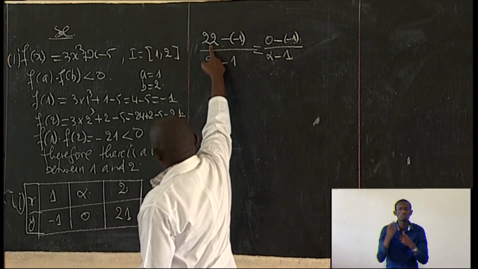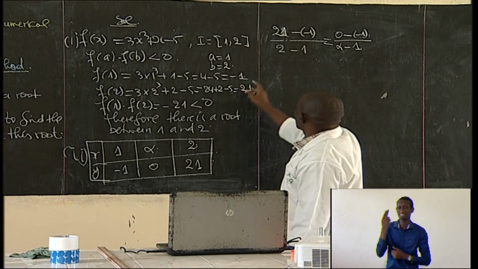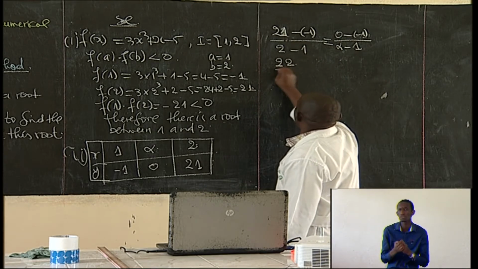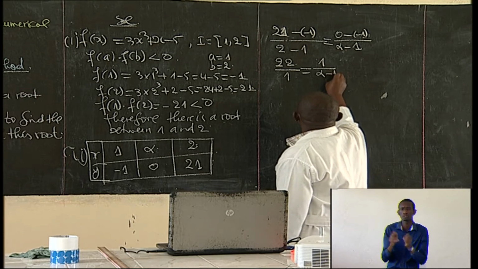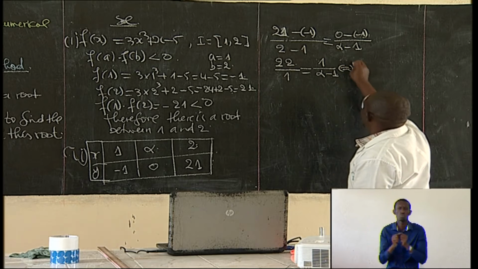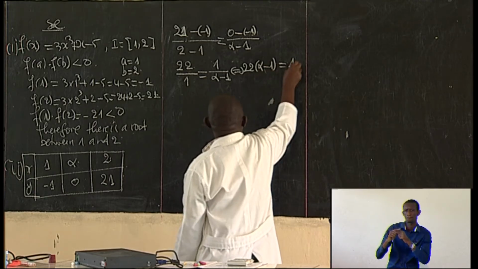I'll be having 21 plus 1, this is 22 divided by 1, which is equal to 1 over alpha minus 1. So by cross multiplication, I'll be having 22 times alpha minus 1, which is equal to 1.